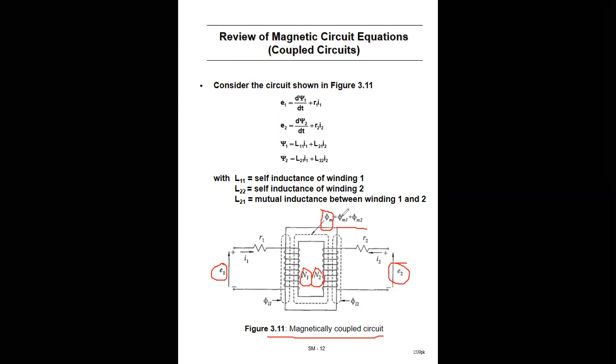So E1 is equal to d psi 1 by dt plus R1 I1. E2 is equal to d psi 2 by dt plus R2 I2. Psi 1 is equal to L11 I1 plus L12 I2, and psi 2 is equal to L21 I1 plus L22 I2, where L11 is the self inductance of winding 1, L22 is the self inductance of winding 2, and L21 is the mutual inductance between windings 1 and 2.